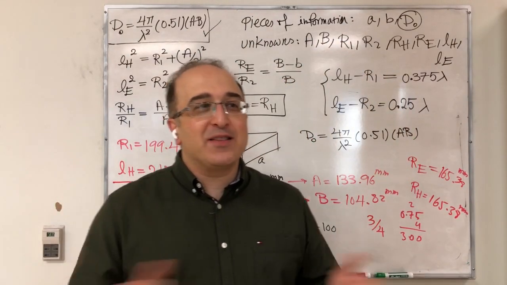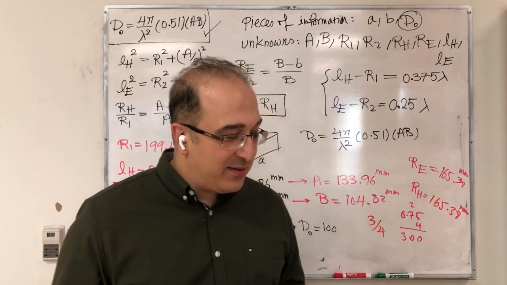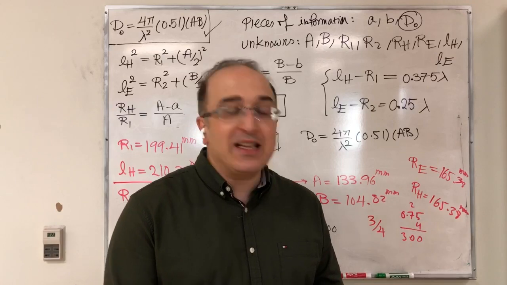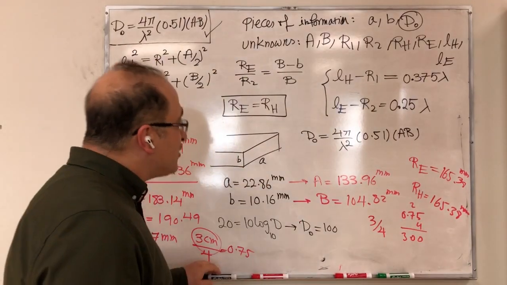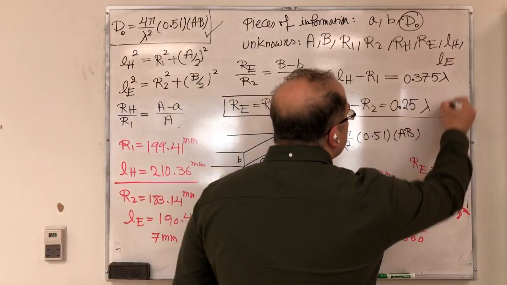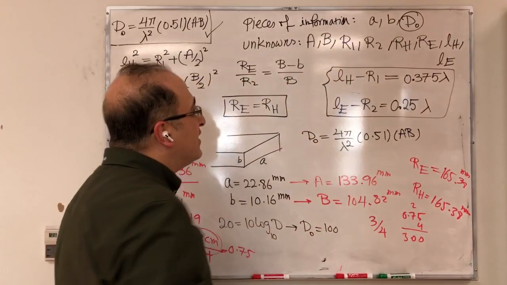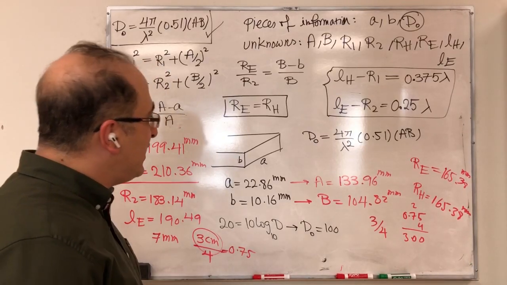Okay, so let's finish this lecture with a couple of points, and then we try to wrap it up by the estimation of directivity. So one thing that I want to mention here is these two equations that we have right here, which is about the differences between LH and R1 and LE and R2.